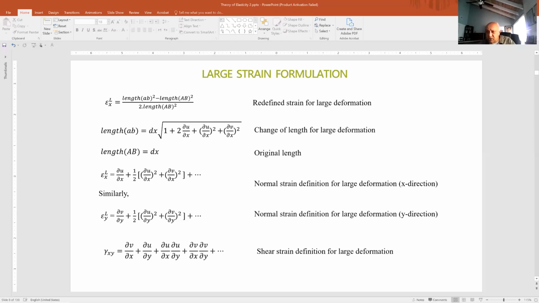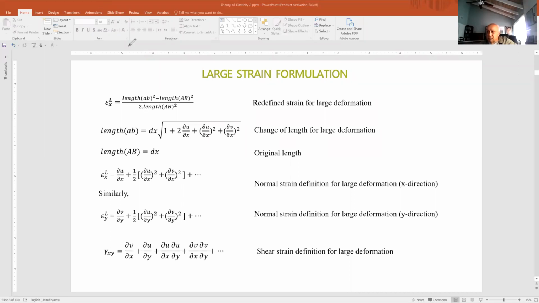So the formulation for the strain that is used by these finite element software packages for large strain is given by this equation. Strain in the x direction is defined as the final length to the power 2 minus the initial length to the power 2, divided by 2 times the initial length to the power 2. That's epsilon x. If epsilon x is small, this definition would be identical to the definition we had before.